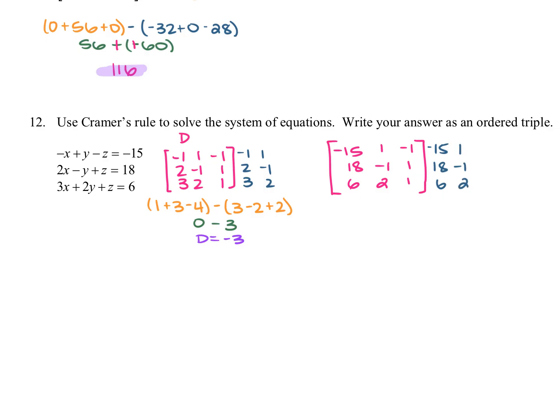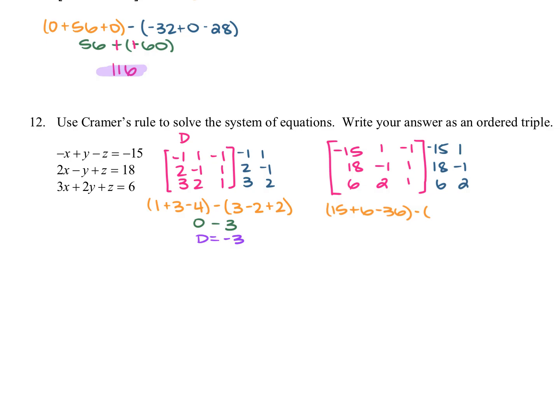You're going to multiply down from top to bottom. Negative 15 times negative 1 times 1 is 15. 1 times 1 times 6 is 6. And negative 1 times 18 times 2 is negative 36. You're going to subtract that from multiplying bottom to top.